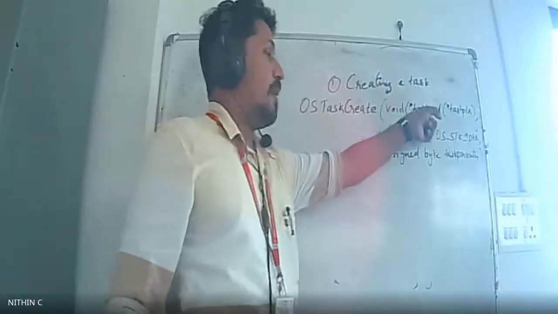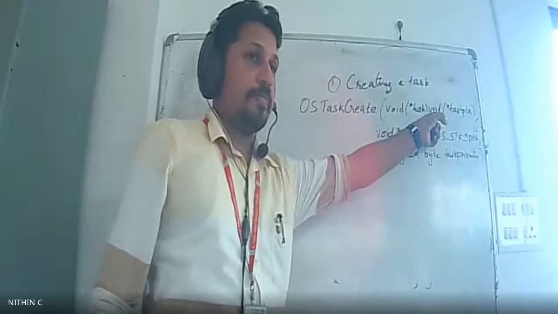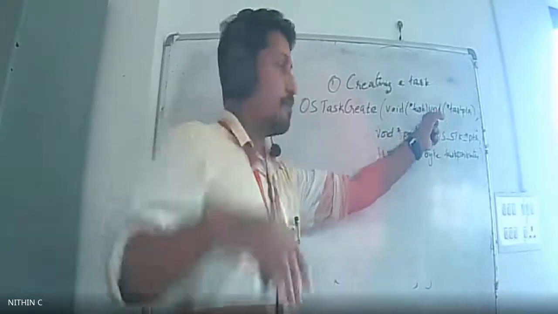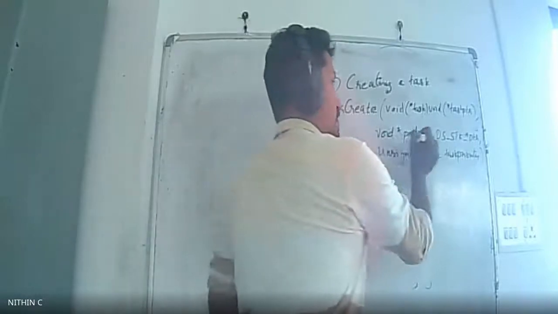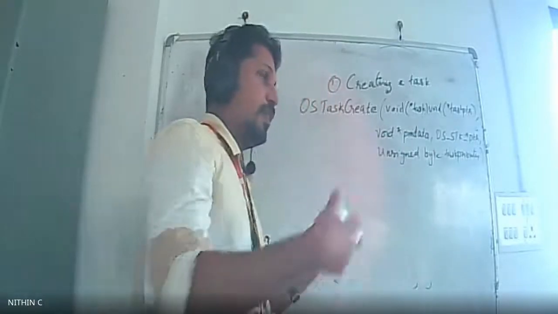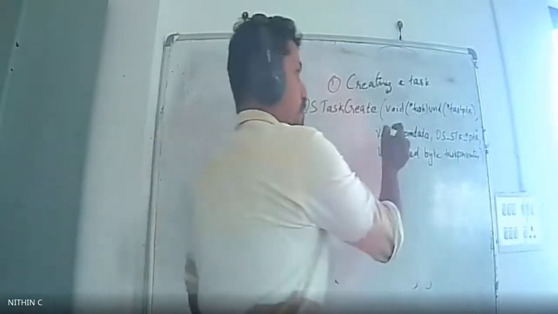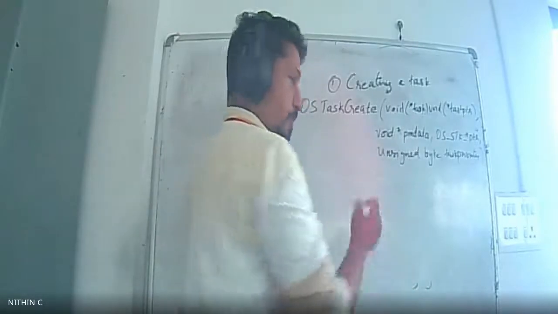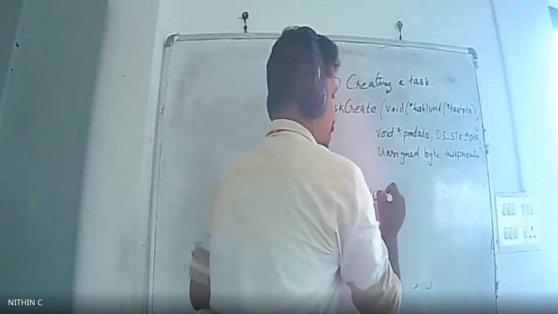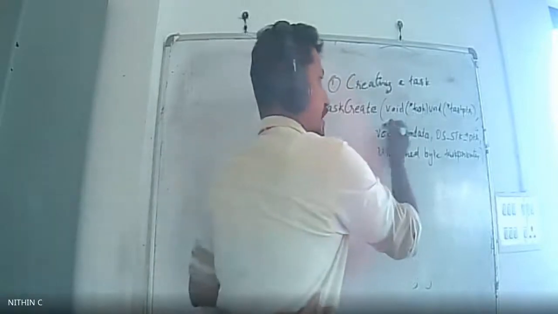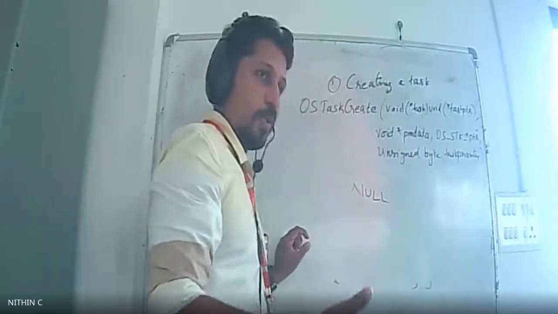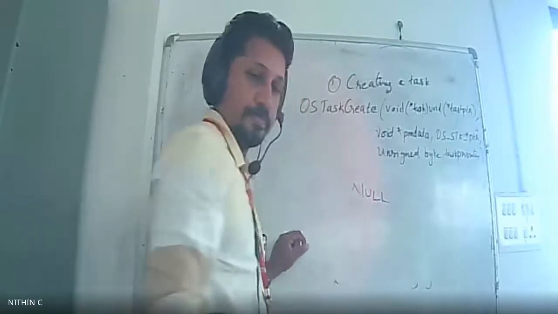So this is the address of the task where the task starts. That information will be given in this task pointer. And this is an optional data. If we need to pass some data into the function, you can fill it over here. If there is no data to be passed, you can mark it as NULL. This data passing is optional.